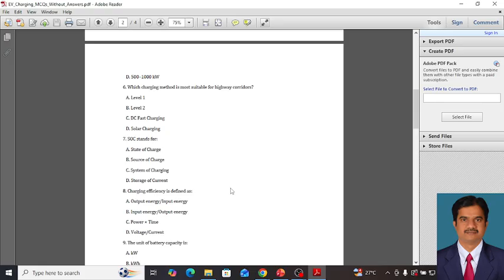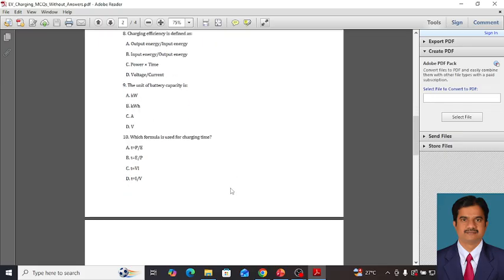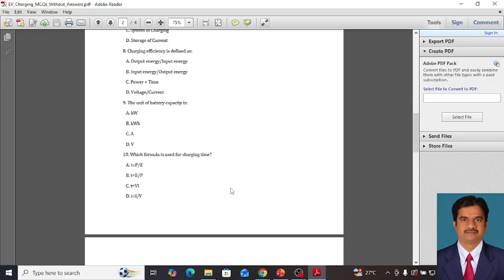Charging efficiency is defined as output energy divided by input energy, input energy divided by output energy, power into time, voltage by current. Ninth one, the unit of battery capacity is kilowatt, kilowatt hour, ampere, volts.